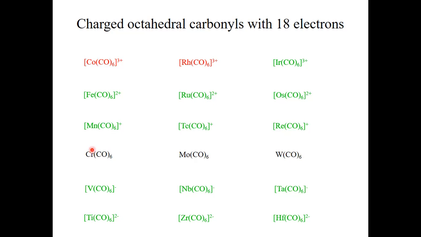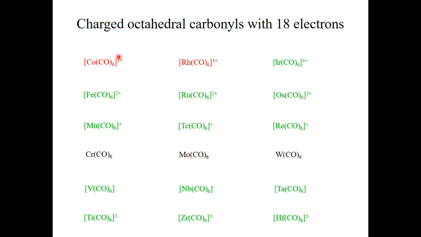The more we go toward a positive charge, the lower the bond order between the metal and the carbon. For highly positively charged carbonyls, such as the hexacarbonyl cobalt 3+, the cobalt-carbon bond is destabilized so much that the entire molecule is not stable anymore.